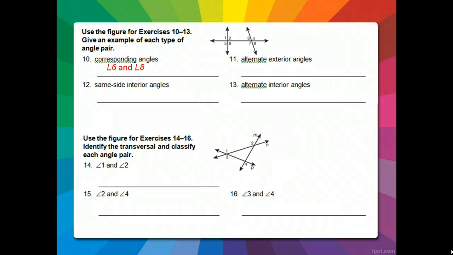For alternate exterior angles, we can use 4 and 5, or 1 and 8. Same side interior angles would be angles 2 and 3, or 6 and 7. Alternate interior angles, again, would be angle 3 and 6, or angles 2 and 7.